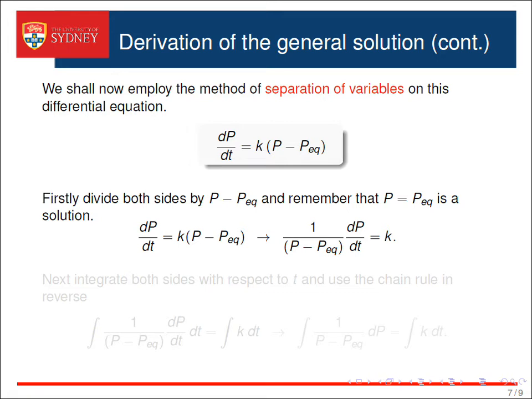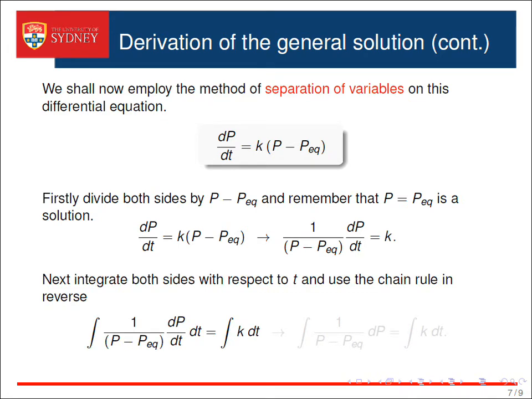Now, we proceed by dividing both sides of the differential equation by P minus P equilibrium. This way we will have all the terms containing P on the left-hand side of the equation. We next integrate both sides of the equation with respect to t.